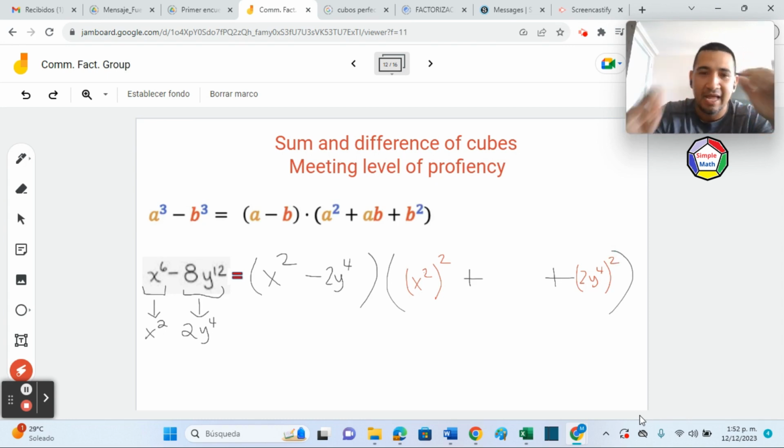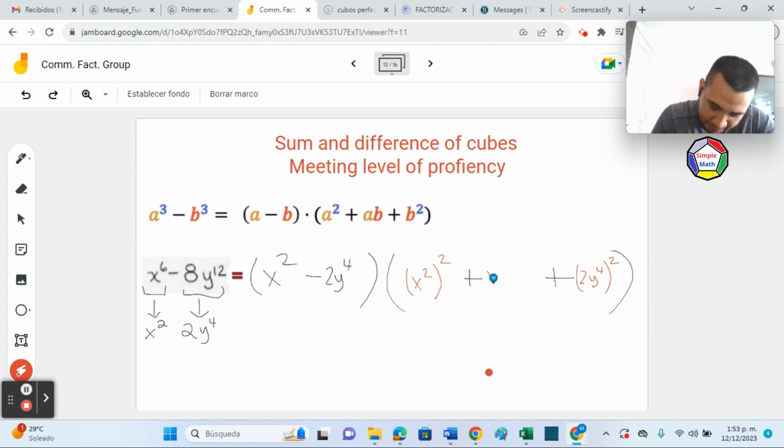And in the half, I will multiply this term by this term. So in the half, I'm going to multiply x exponent 2 times 2y exponent 4.